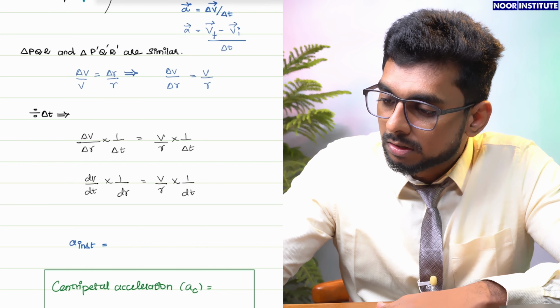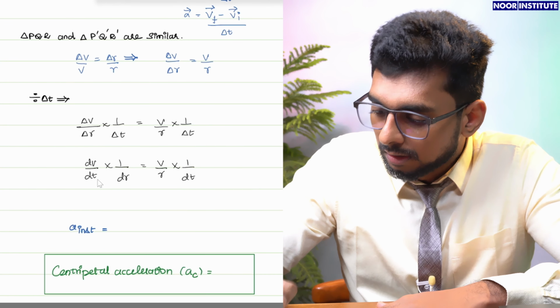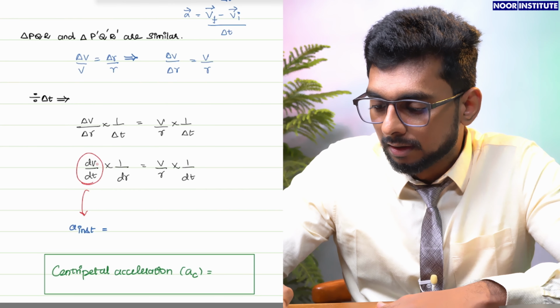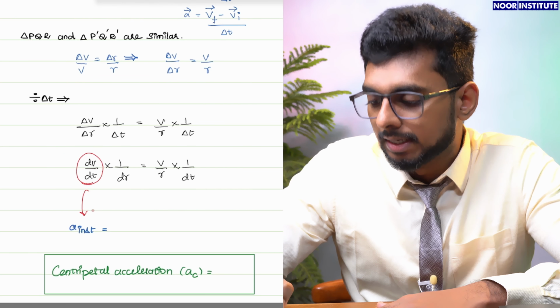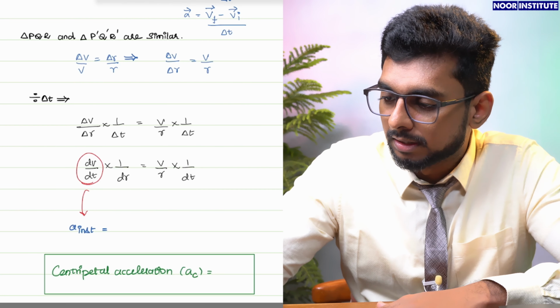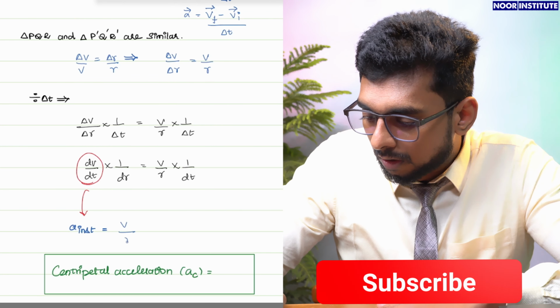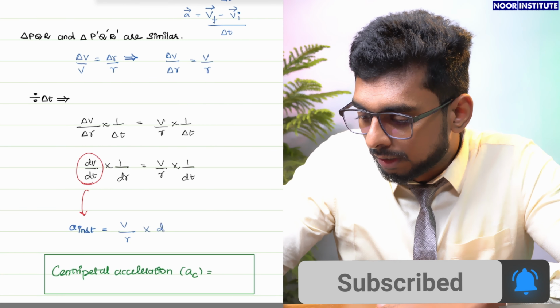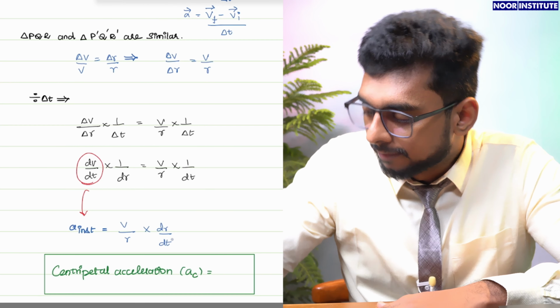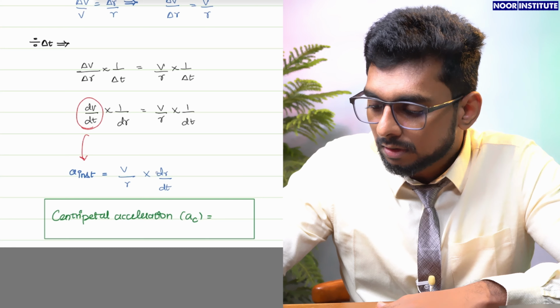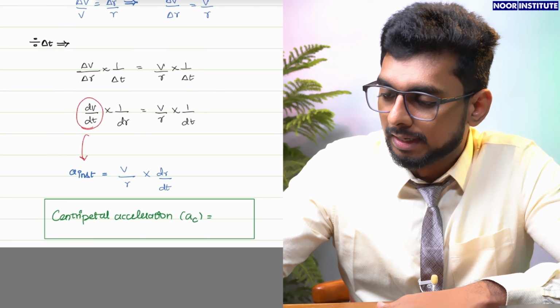Here this entire term could be considered as an instantaneous dv by dt. Then if I do the rearrangement on the right hand side, you will have v by r into dr divided by dt, right? Got it? So now I have got v by r into dr divided by dt.